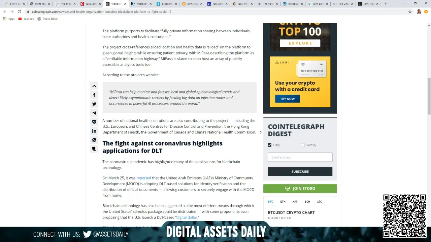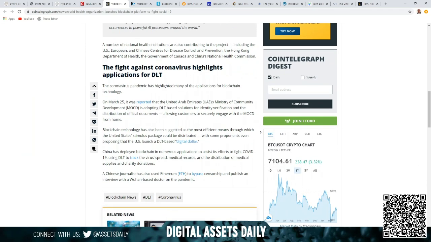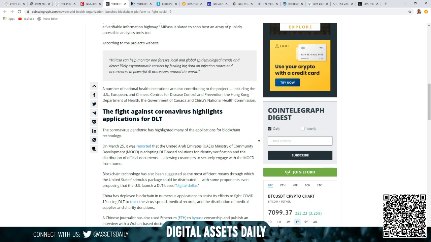As you're going to see again, they prove the research very accurate. A Chinese journalist who has also used Ethereum ETH to bypass censorship and publish an interview with a Wuhan-based doctor on the pandemic. So there they've already included directly the Ethereum in the blockchain events.